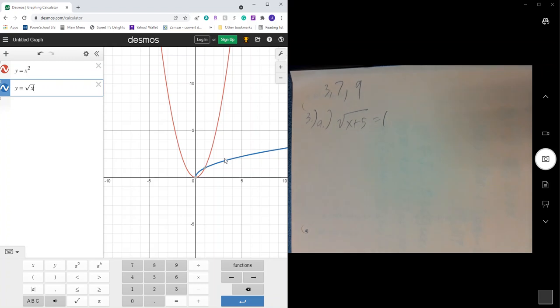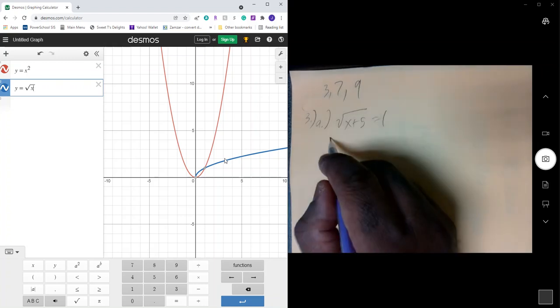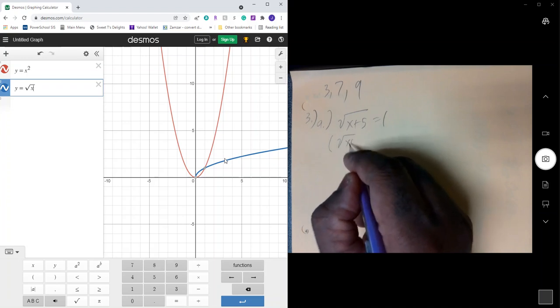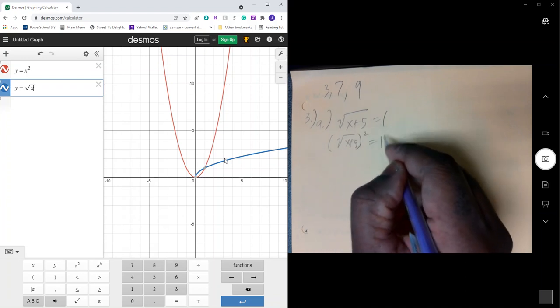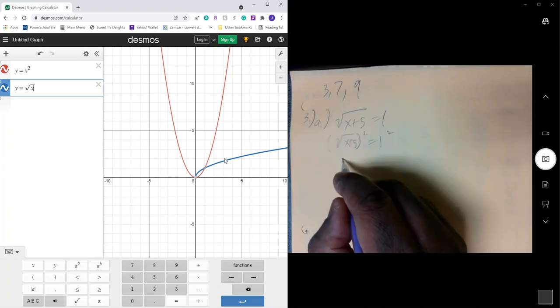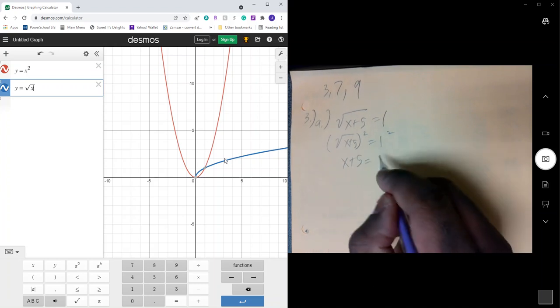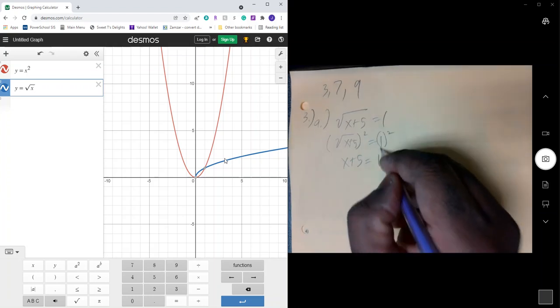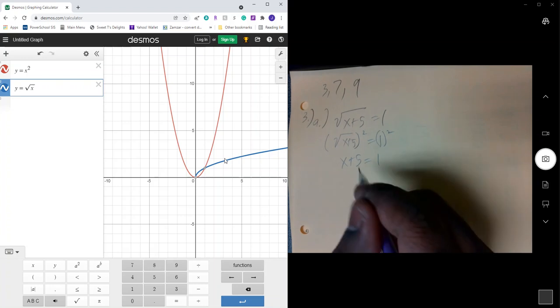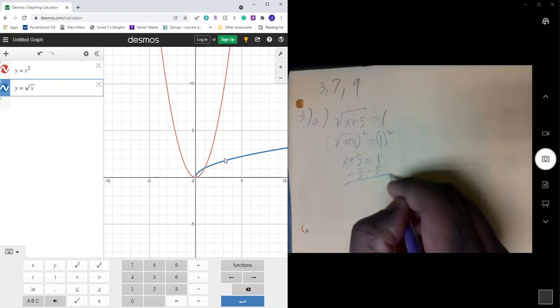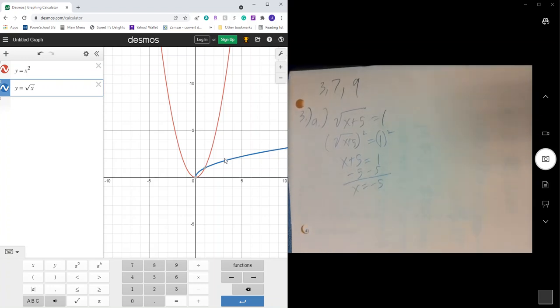Now, we're trying to solve this for x, so we would square both sides. So this will end up being x plus 5 is equal to 1. Okay, we will subtract 5 on both sides, and x equals -4.